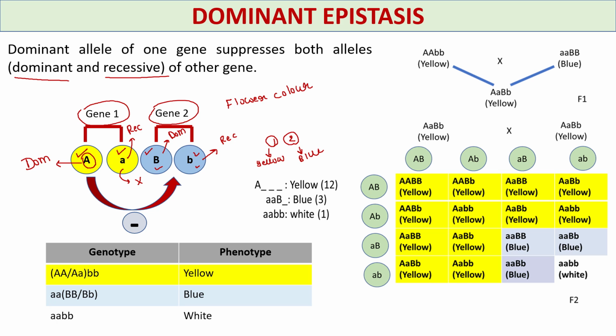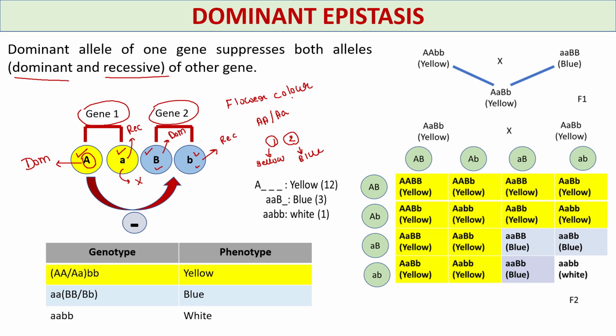If gene 1 is expressed alone, that means the genotype would be capital A capital A or capital A small a.